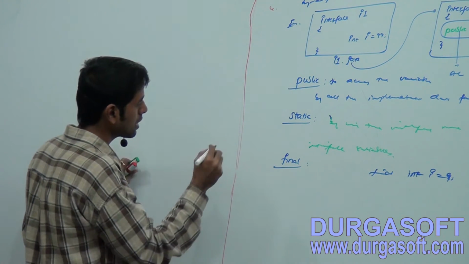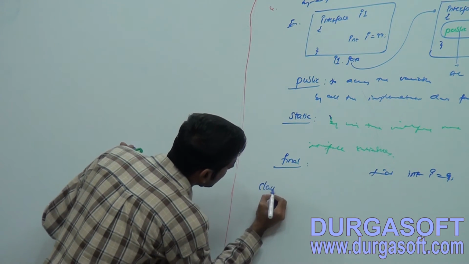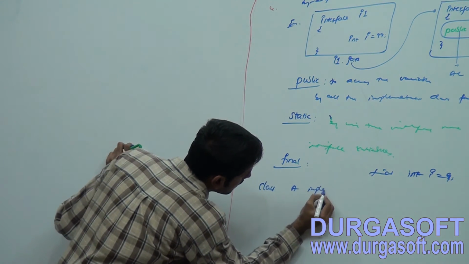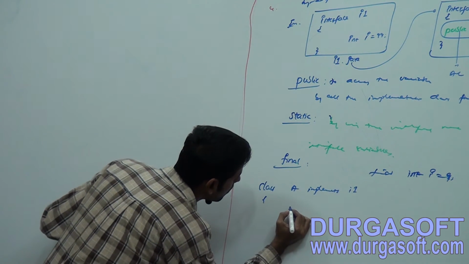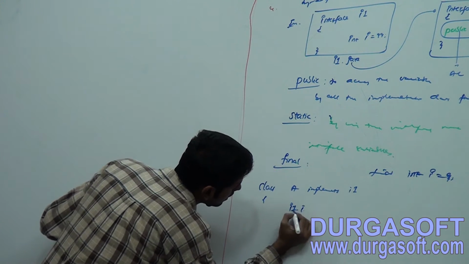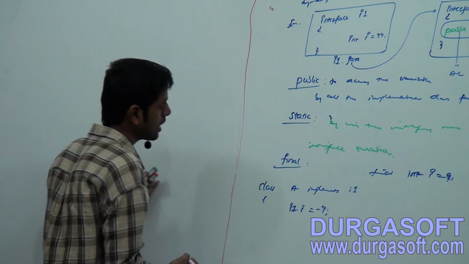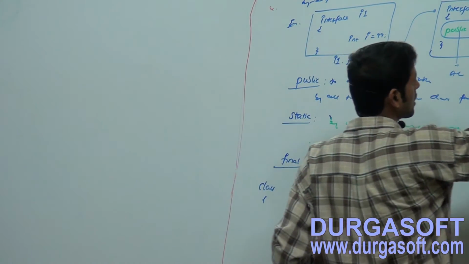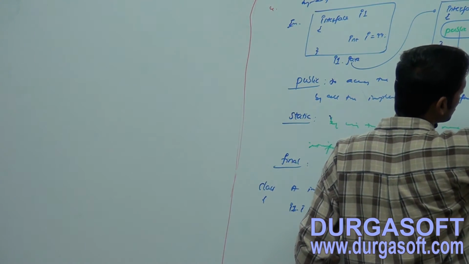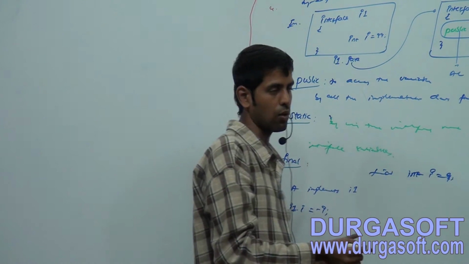Observe here, think that I have a class A which implements this I1 interface. Now I1.i equals minus 9, so this value will get changed to minus 9.